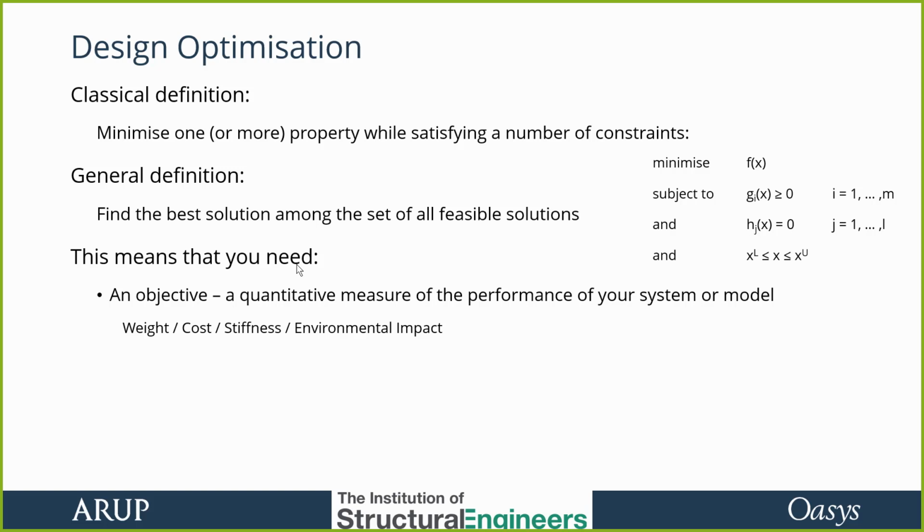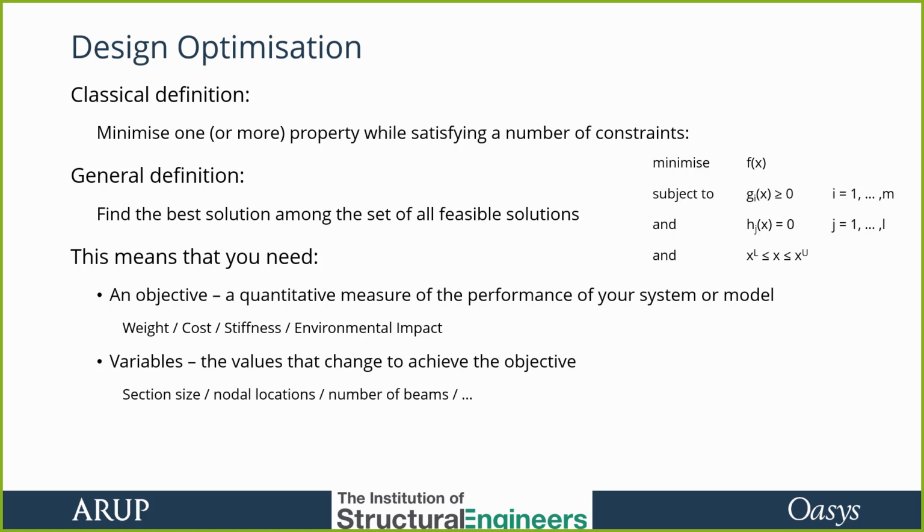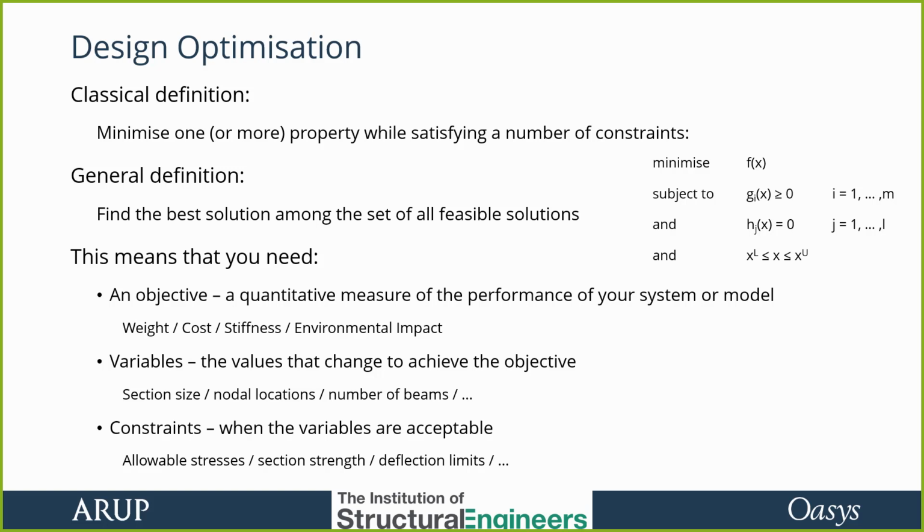So you need to have an objective. What are you trying to minimize? Least cost, least weight, the correct stiffness, minimal environmental impact. Then the variables you need to consider. Are you looking at section size, nodal locations, number of beams, connections, or not? And then what are the constraints?